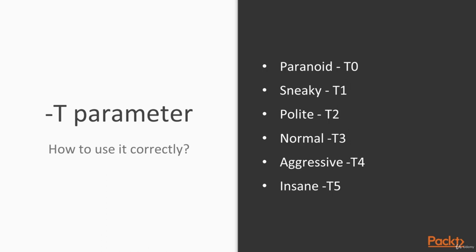So the best option is T3, the normal option, and you should use it. And you must be totally aware that even using these parameters won't make you totally invisible. Your IP address will be in the logs of the target machine anyway, but by using these parameters, you're just making it more likely that the scanning won't be noticed by the owner of the network or host.